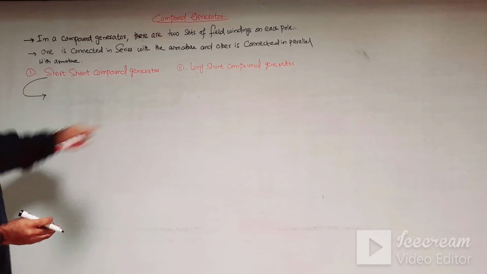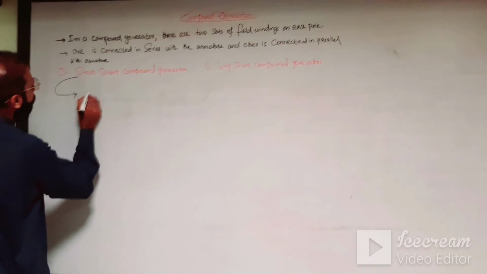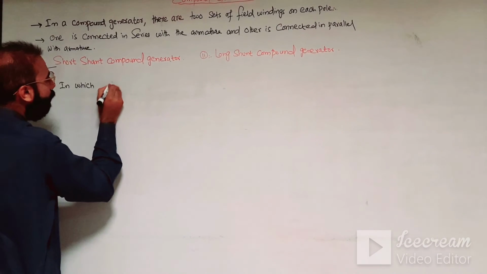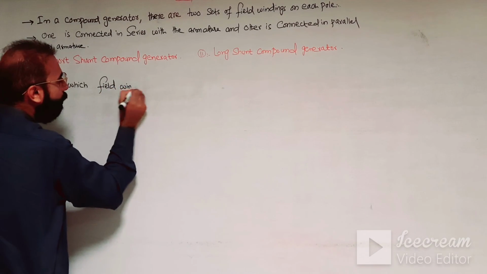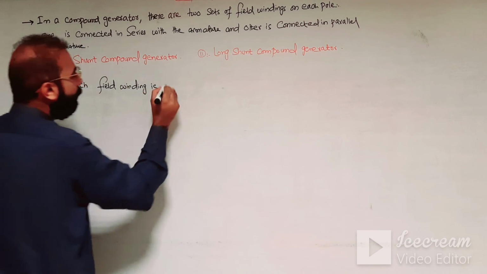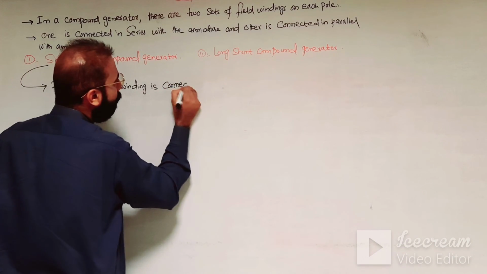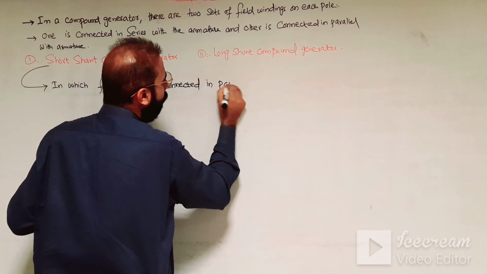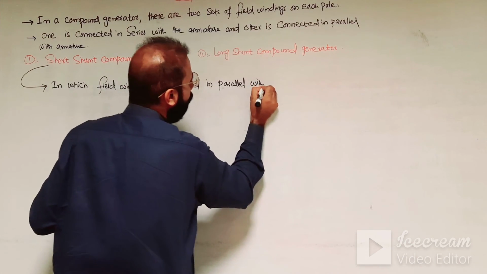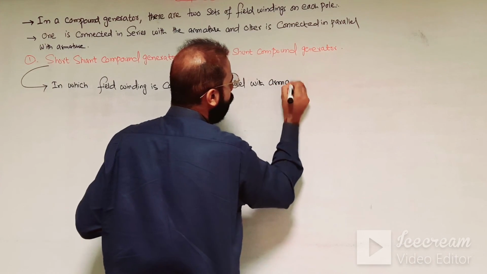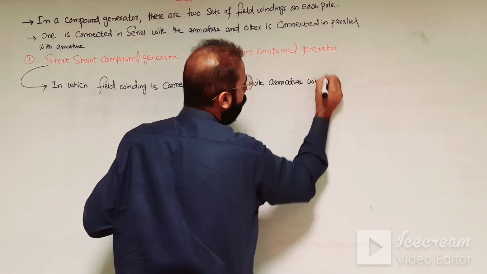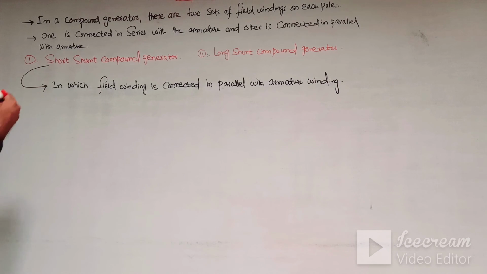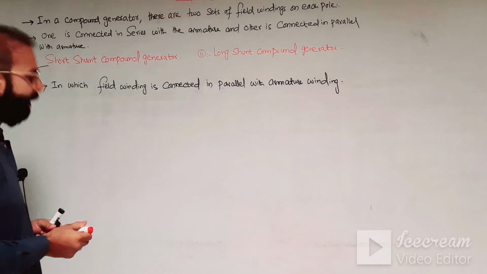Now the short shunt compound wound generator can be defined as one in which the field winding is connected in parallel with the armature winding.